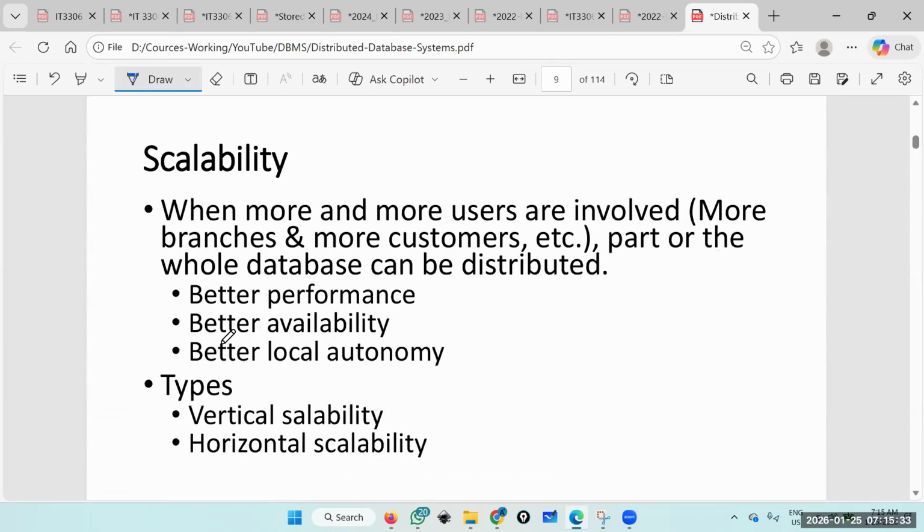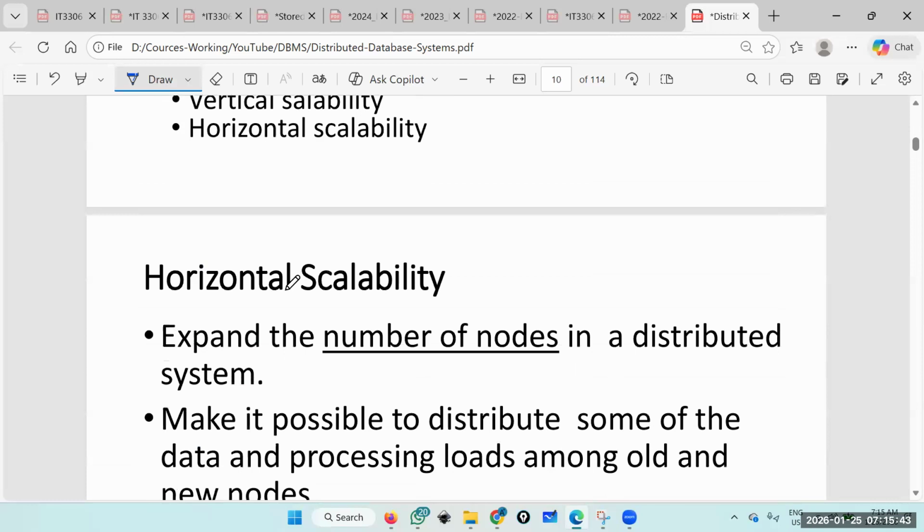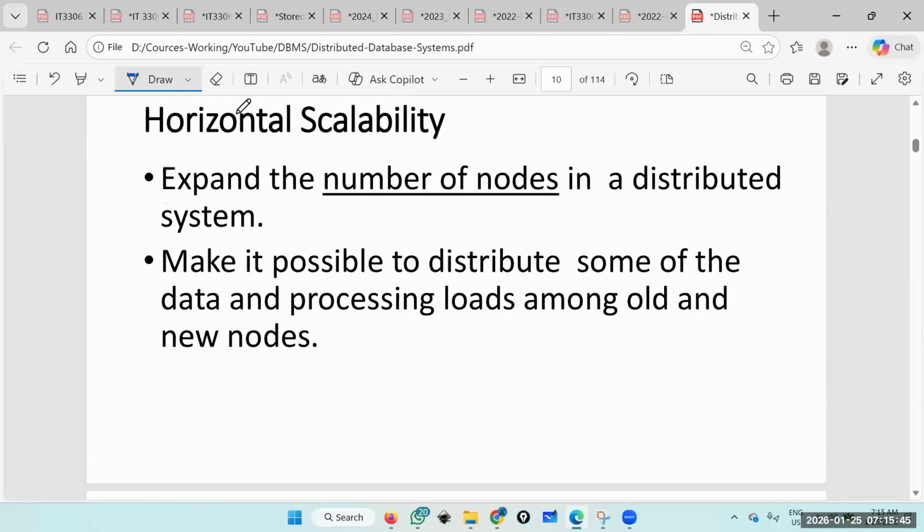Right. So when it comes to scalability, there are two types: vertical scalability and horizontal scalability. Horizontal scalability means you can increase the number of nodes horizontally, right? So that means basically you have more and more nodes.